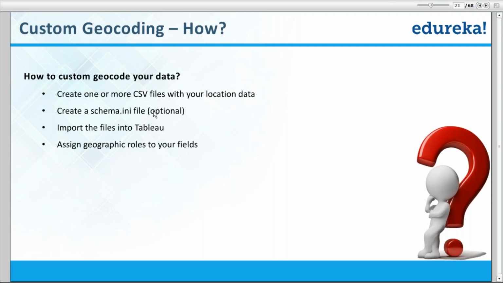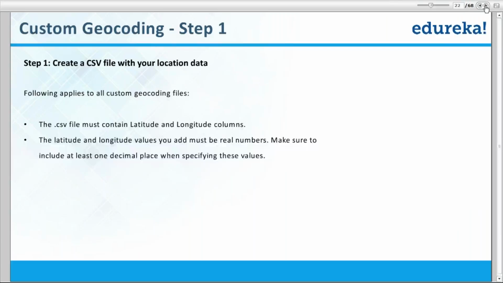Creating a schema.ini file is not mandatory now, it's no more required. Second is import these files into Tableau and assign geographical roles to your fields. First you need to import this file into Tableau and then assign the roles to your fields.